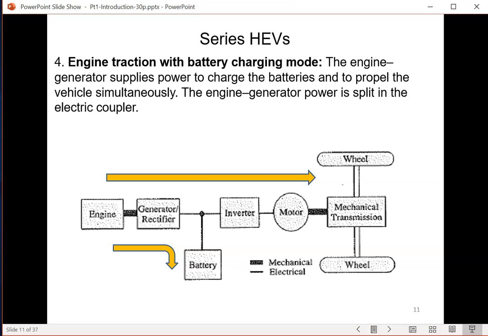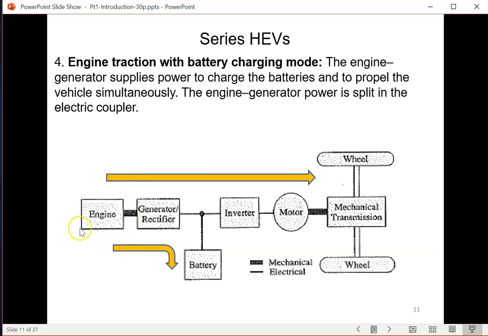It needs a little bit of power to overcome the running resistances, but the engine has a surplus. Therefore, at the same time, the engine can be used to charge the battery. So you have both traction and the charge mode for the battery.